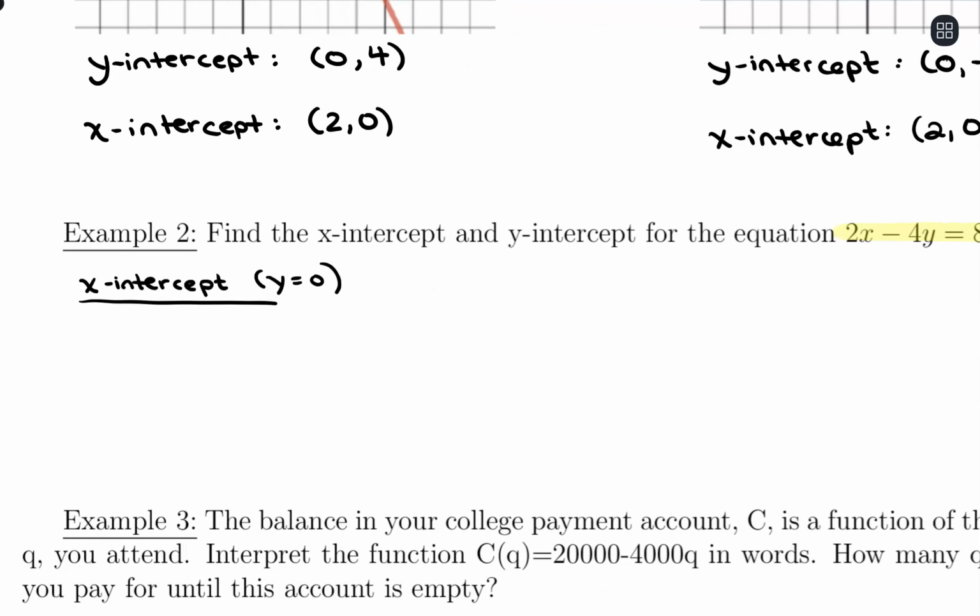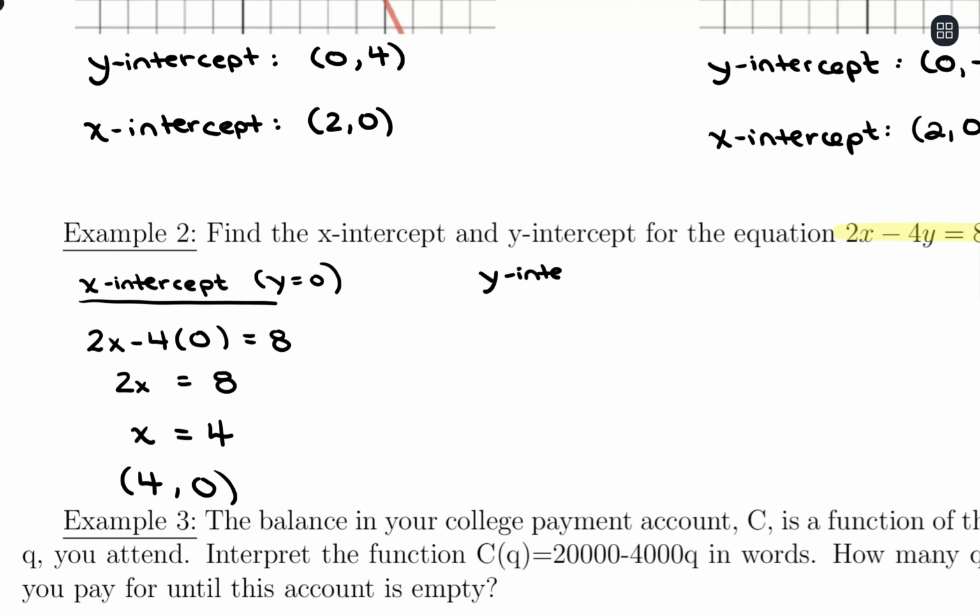So what we're going to do is take our equation 2x minus 4y equals 8, but instead of placing y, we're going to plug in 0 for y. So this is really 2x minus 0 equals 8. Divide both sides by 2, so x is equal to 4. So this is giving us the coordinate 4, 0 for our x-intercept.